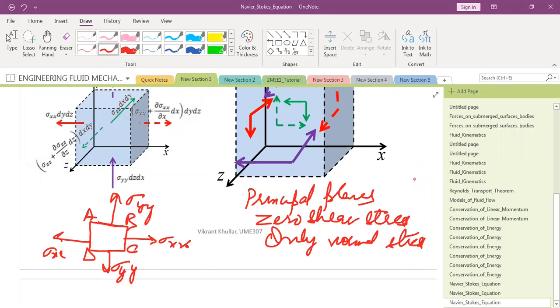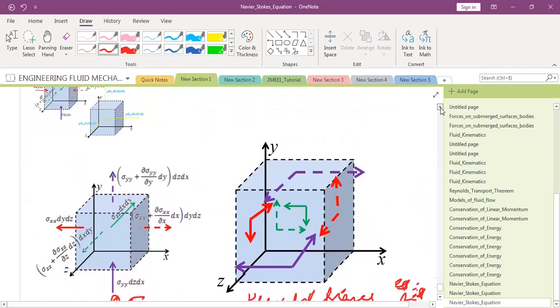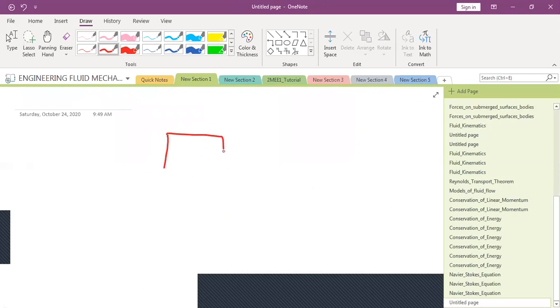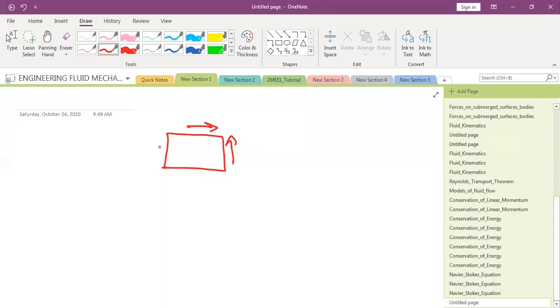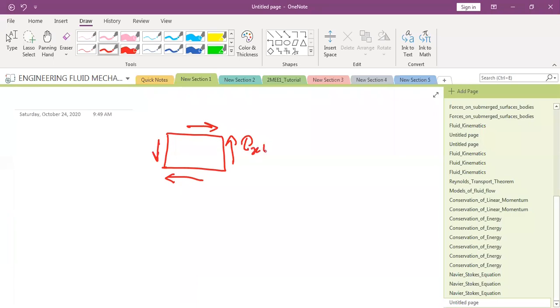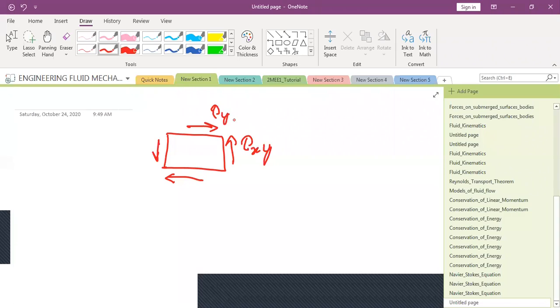Now if instead of this I had something like this, say, I had something like this. What are these?